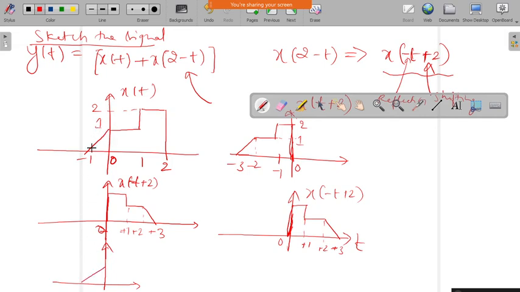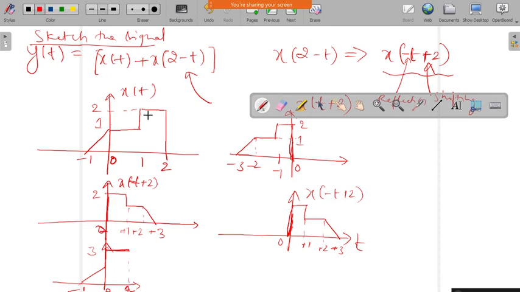So addition of these from minus 1 to 0, here it is 0 and it is a ramp, so it will be the same ramp. Now at 0 it will be 1, and here at 0 it is 2. Now 0 to 1 it is 2, and 0 to 1 it is 1. So 1 plus 2, it will be 3. From 0 to 1 this will be the value 3.